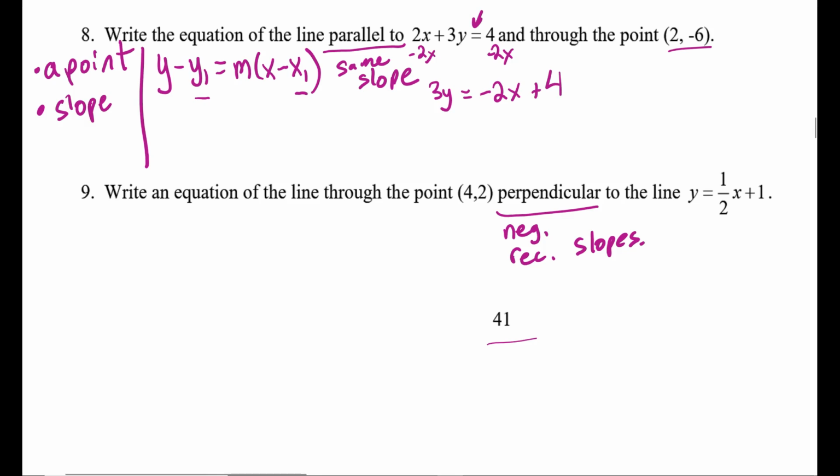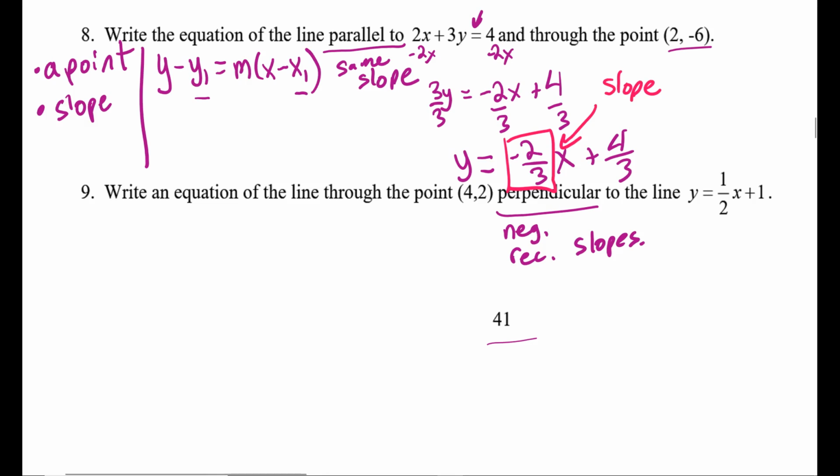Notice I put the x term in the front just because that's how we're used to seeing it when we solve for the equation of a line. And I'm going to divide by 3 to get y equals negative 2/3 x plus 4/3. Remember, the slope is always the number next to the x when you're in slope-intercept form. So that negative 2/3 right there is the slope of the line they give me.